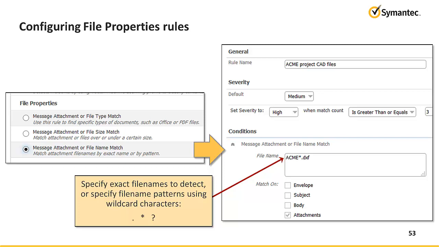You can specify exact file names to detect, or you can specify file name patterns using the following operators. Use a dot to separate file names and extensions. Use an asterisk as a wildcard to match any number of characters, including none, and use a question mark to match a single character. You can also specify the following file size detection criteria.